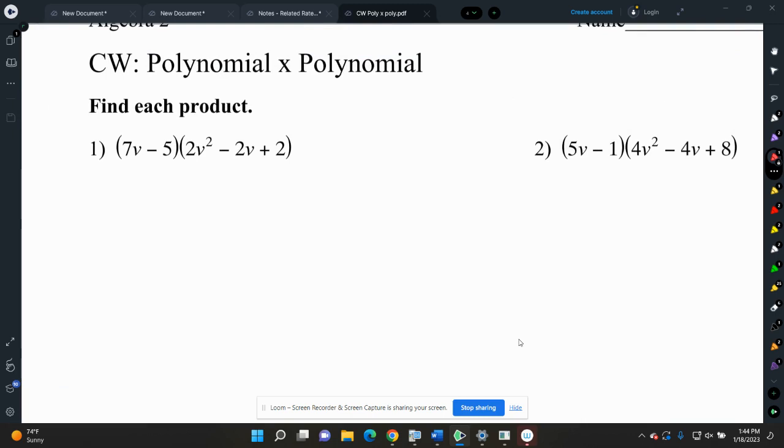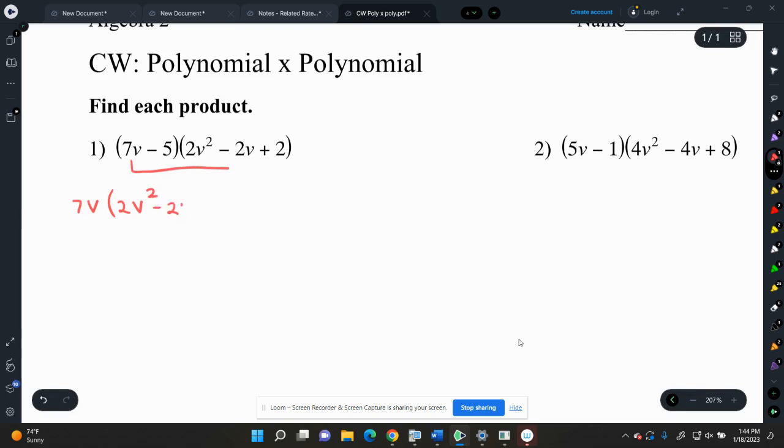But can we use FOIL? No. Okay. So this is what we're going to do. We're going to take the first term, 7v, and multiply it by the second parenthesis. So it's going to be 7v times 2v squared minus 2v plus 2.